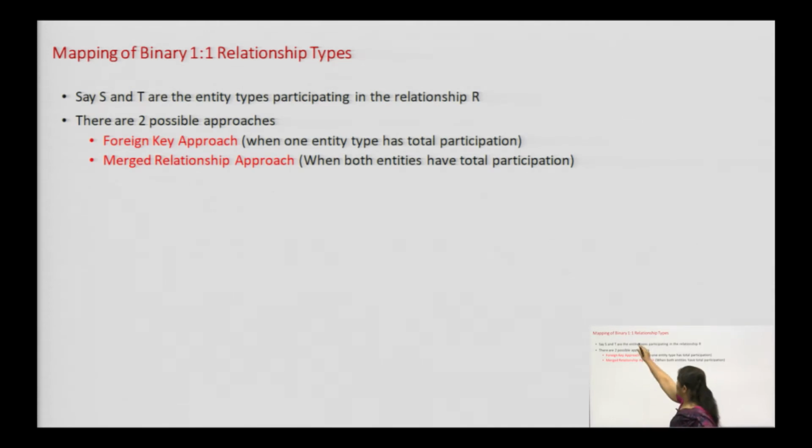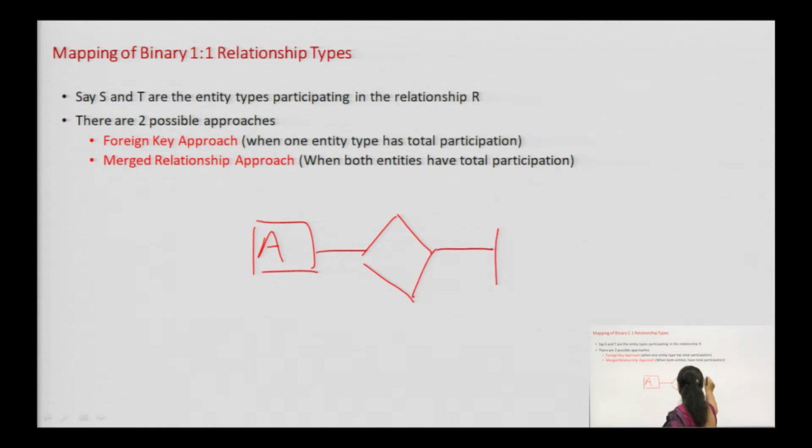A 1:1 relationship type, if you remember, is a relationship type where, if we have two entity types A and B, then an occurrence of A can be associated with only a single occurrence of B and an occurrence of B can be associated with only a single occurrence of A, right. This is what a binary 1:1 relationship is, which we have done earlier also.